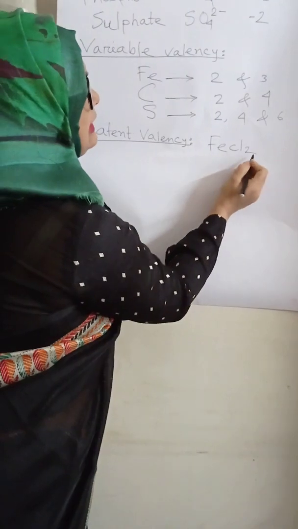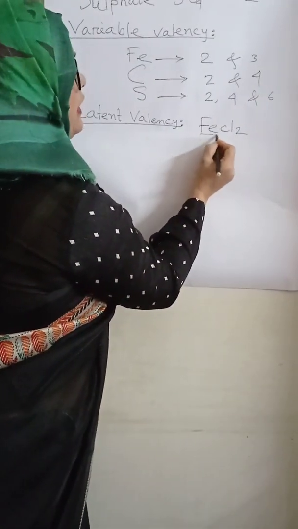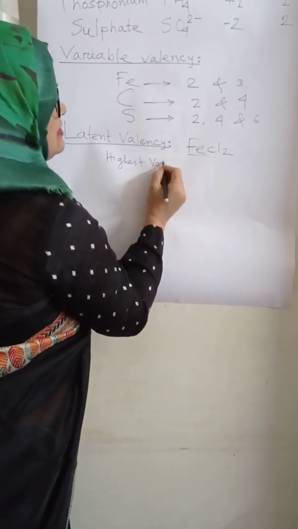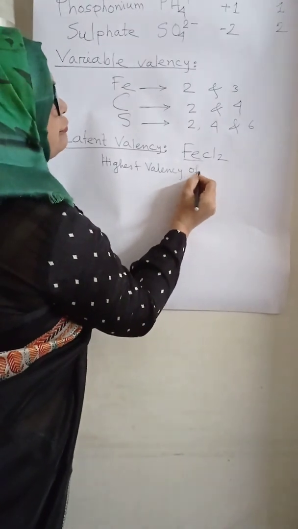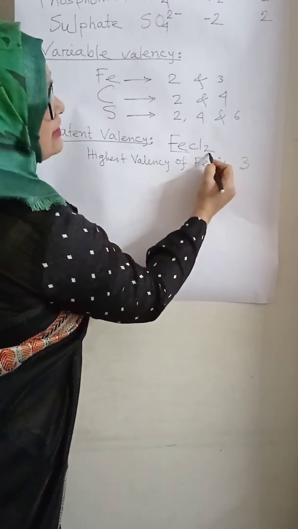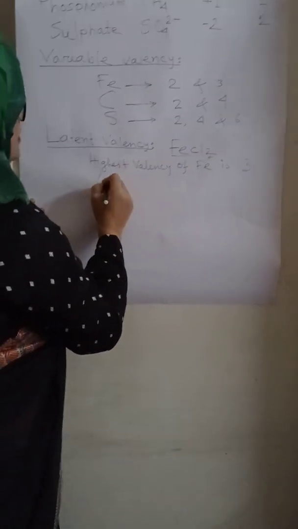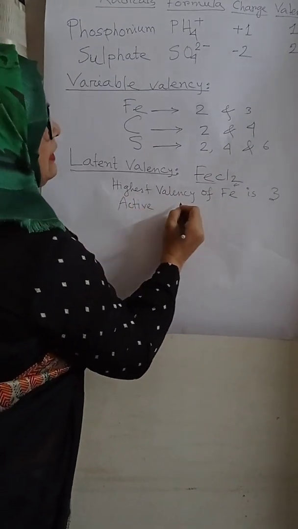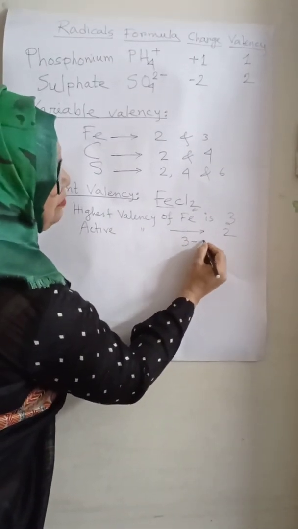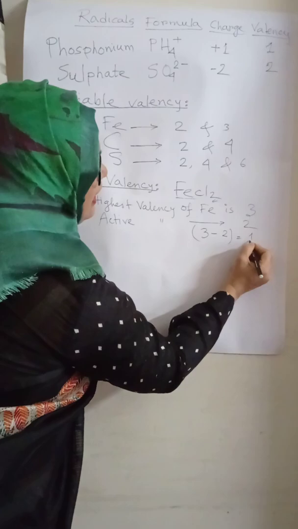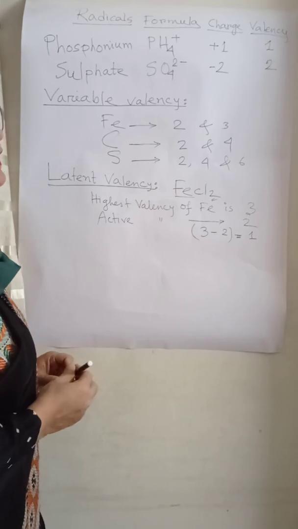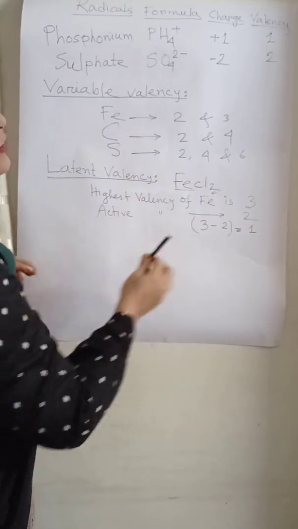Here highest valency of iron is 3 and active valency is 2. So difference is 3 minus 2 equal to 1. So in ferrous chloride, the latent valency of iron is 1.